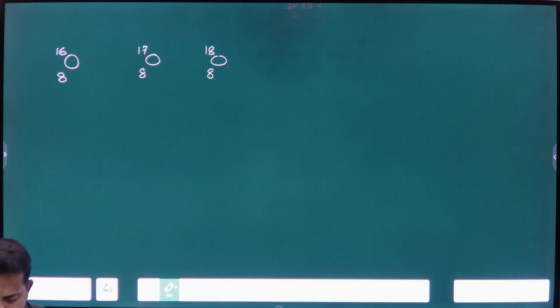Answer. The masses of the isotopes of an element are slightly different.